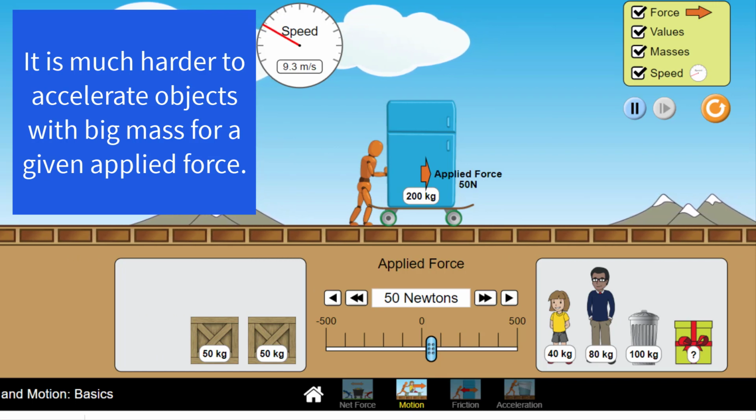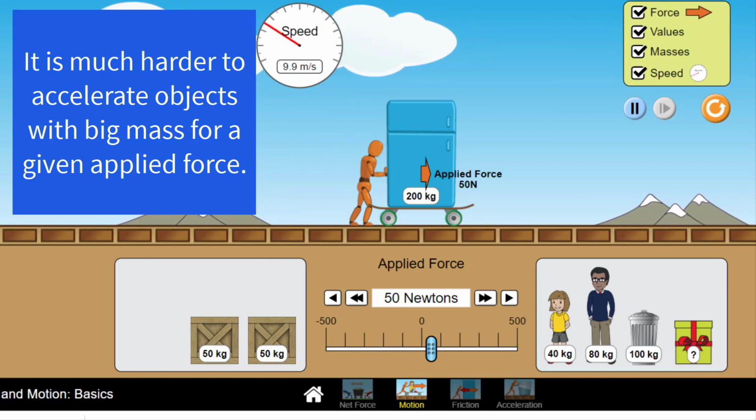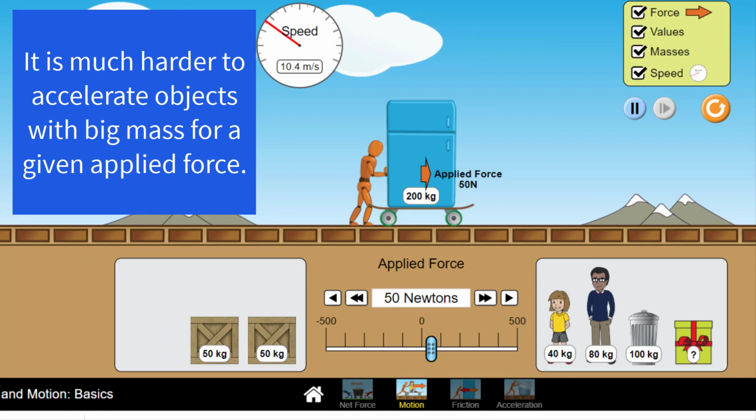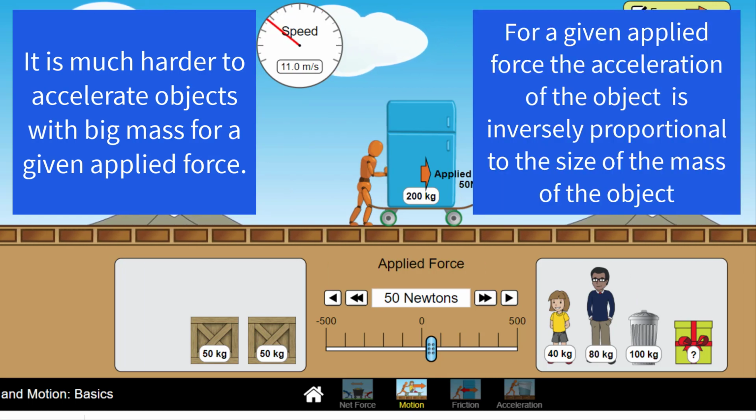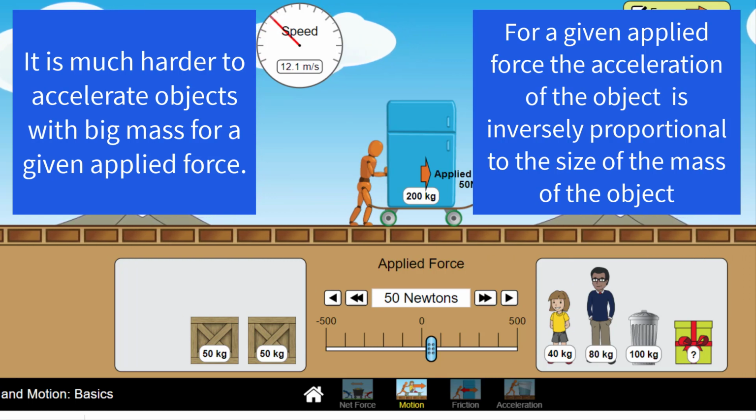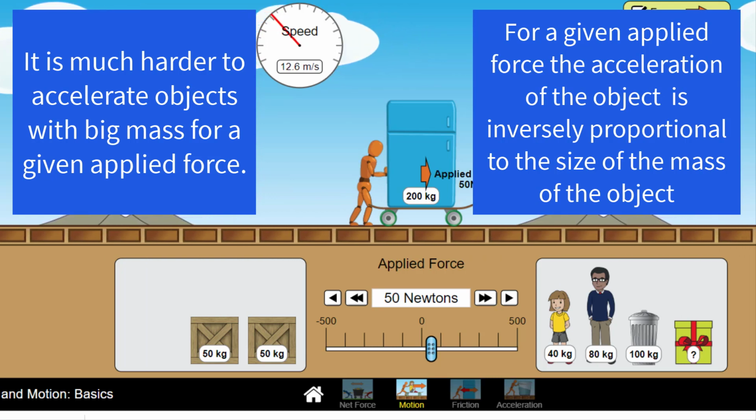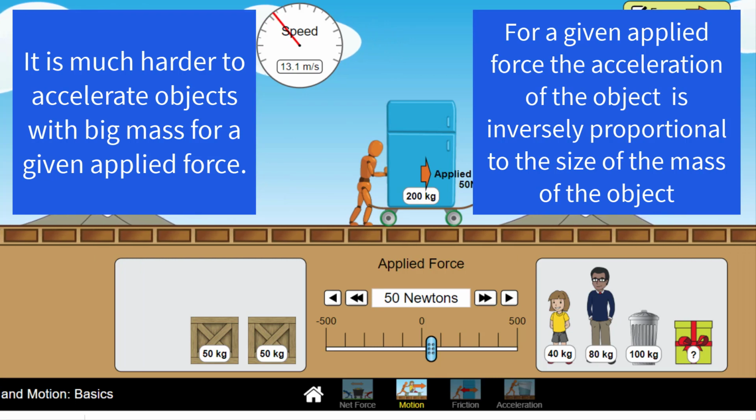It almost seems that the acceleration is inversely proportional to the mass. In other words, it's much harder to accelerate a big mass than a smaller mass. Now we begin to get to the real crunch of Newton's second law.